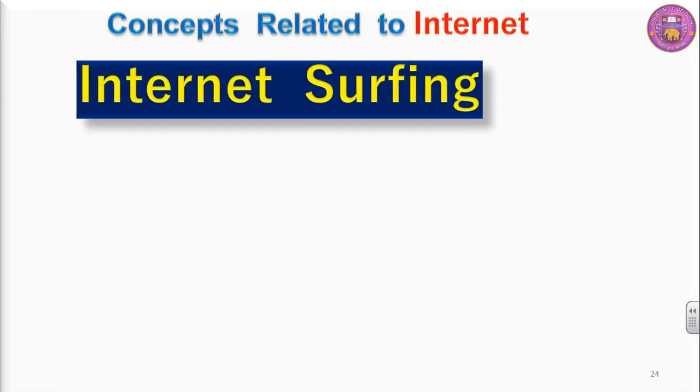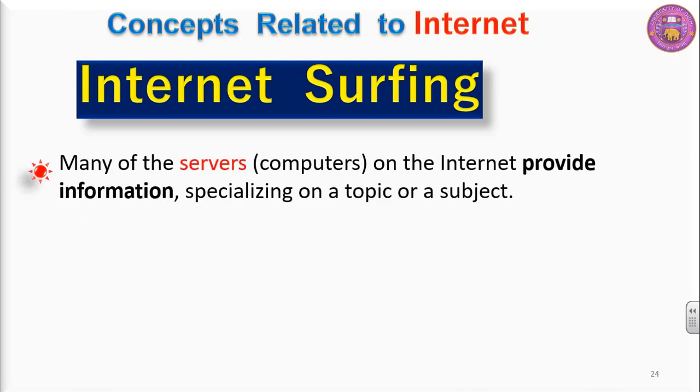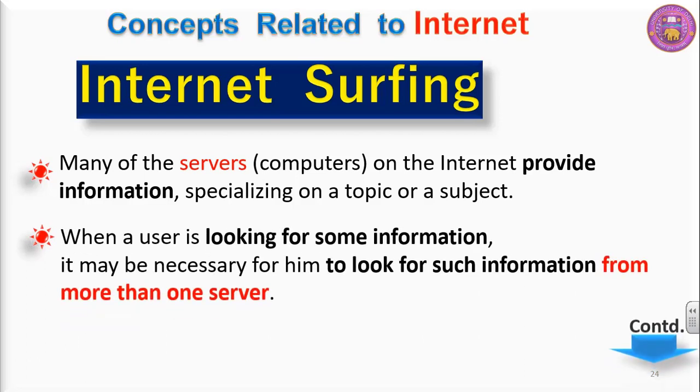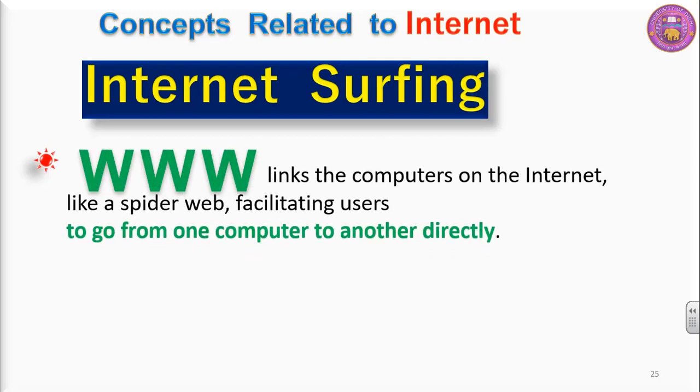Internet surfing. Many of the servers on the internet provide information specializing on a topic or a subject. When a user is looking for some information, it may be necessary for him to look for such information from more than one server. www World Wide Web links the computer on the internet like a spider web, facilitating users to go from one computer to another directly.